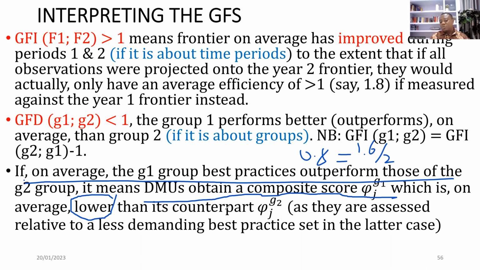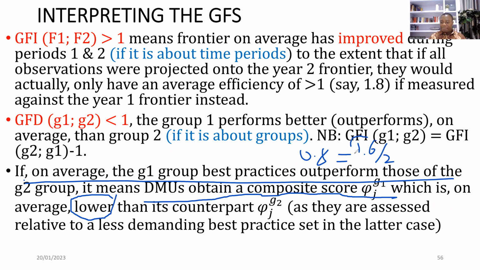A lower composite score than its counterpart of group 2. Why? Because they are assessed relative to less demanding practices in the group 2 case. And it is on the basis of that you say this group 1 has improved.